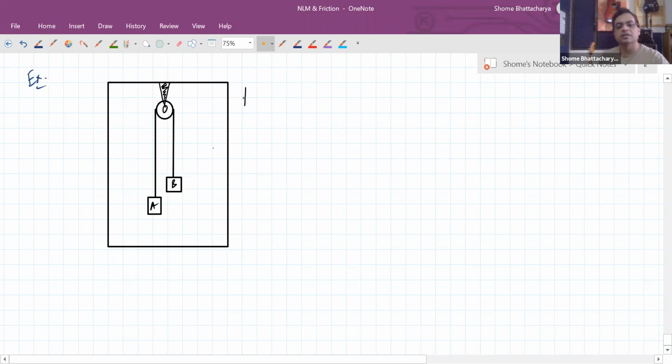Now this elevator itself is accelerated vertically at, let's say, 2 meters per second square.